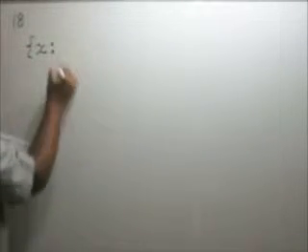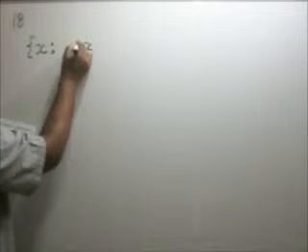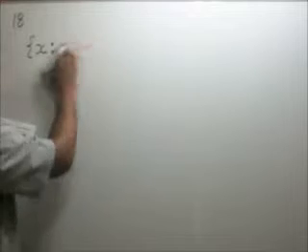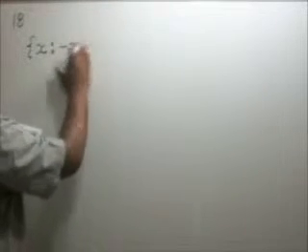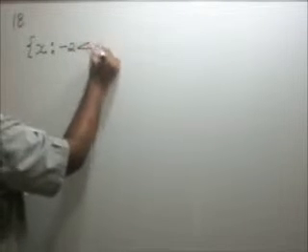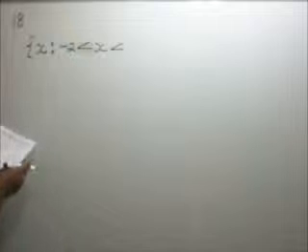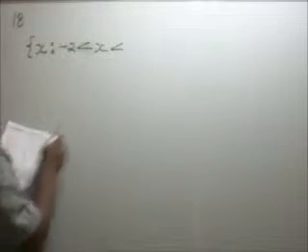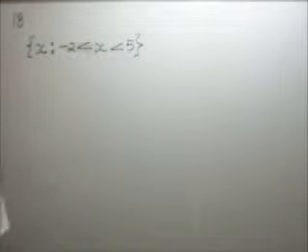So this is the set of all x such that x is greater than minus 2. So minus 2, I have x here. So x is greater than minus 2, but at the same time x has to be what? Less than 5. Alright, we discussed this already in class.